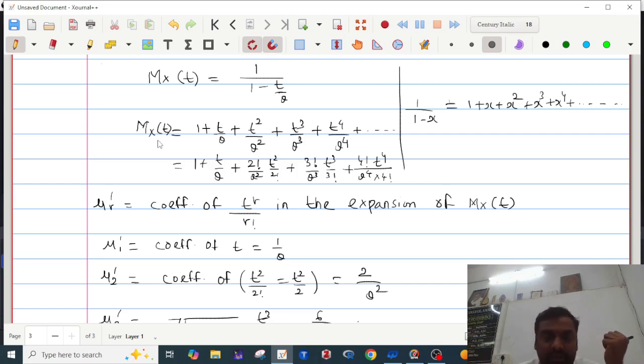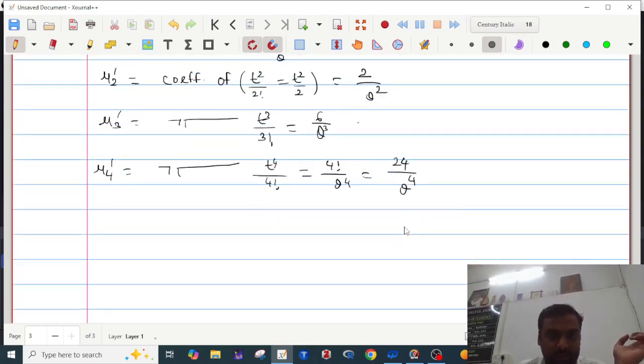But finding the central moments with the help of these raw moments might be difficult, while it is easier with the help of cumulants. So we will find the central moments with the help of cumulants, not by these raw moments. Okay, so we will do that in our next expression.